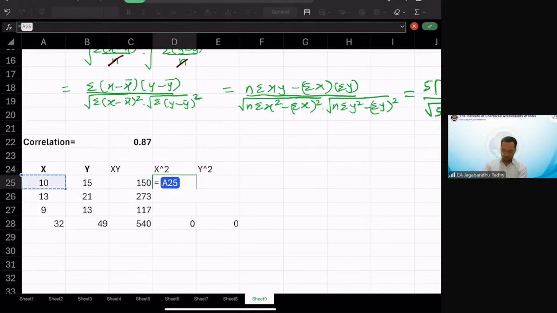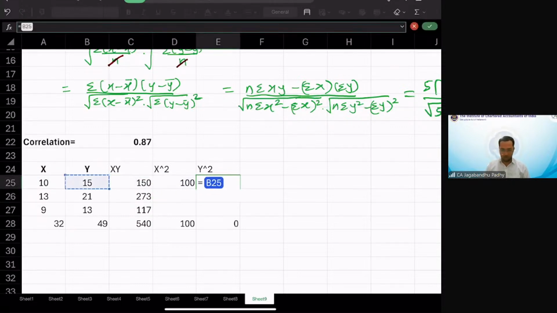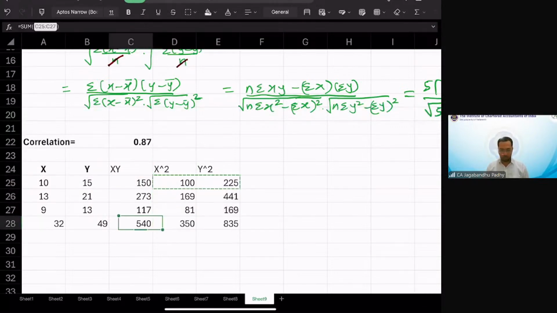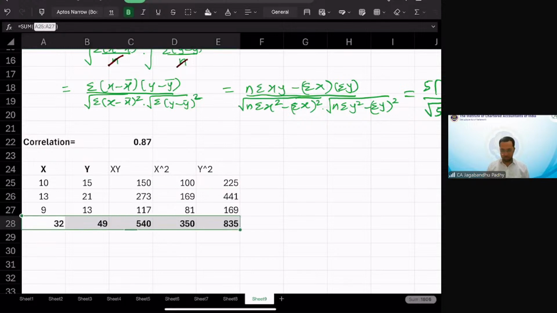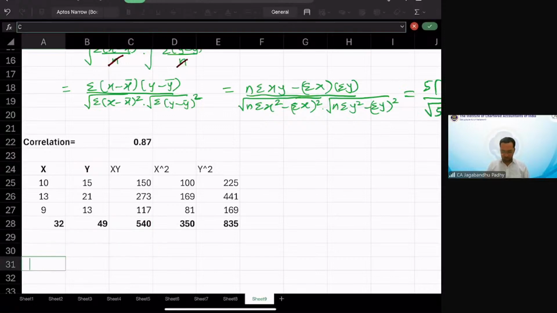So x square, then y square. Okay. So here are the correlation values. You can just apply the same formula.